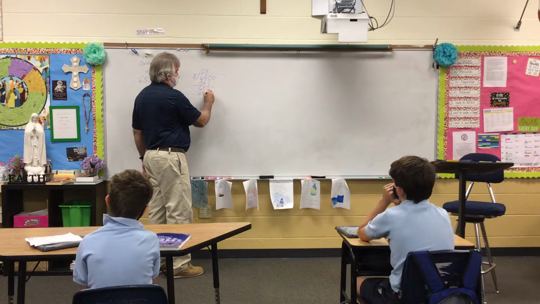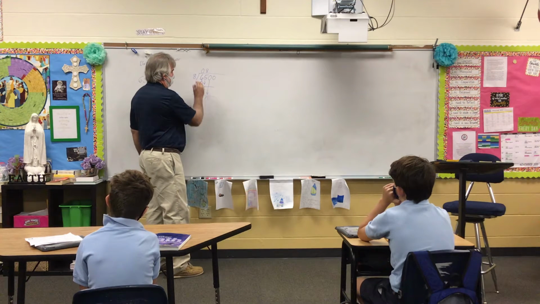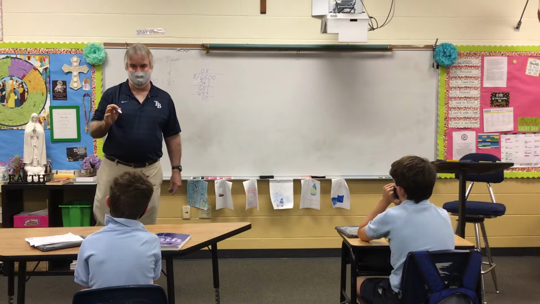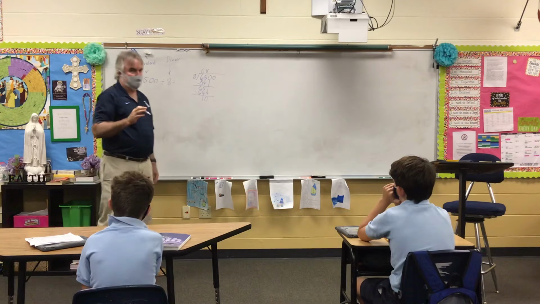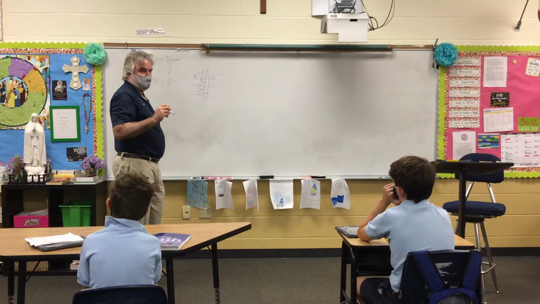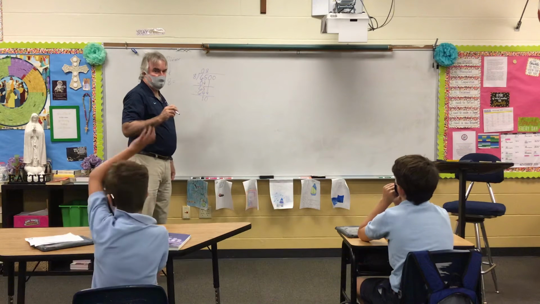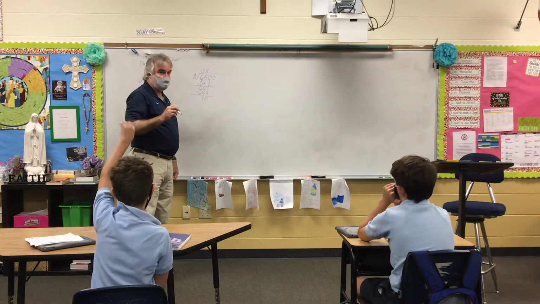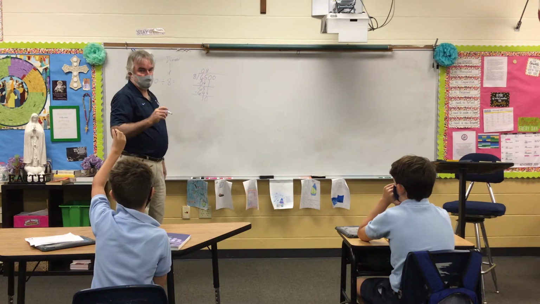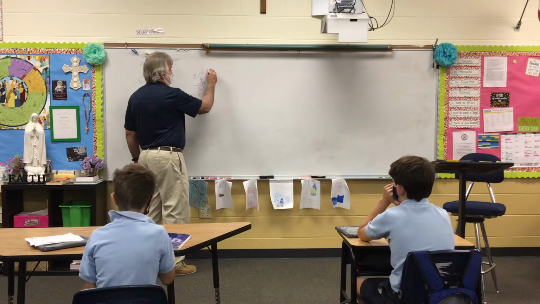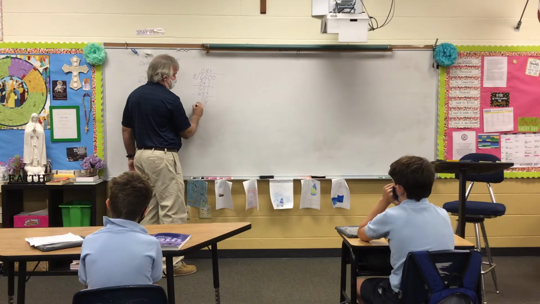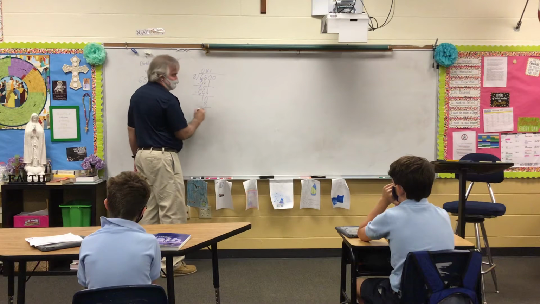Now I go to the next digit and bring that down. Now I'm dividing 8 into 10. How many 8s are in 10, Giada? Kellen? 1. 1 times 8 is 8. Subtract. I get 2 left over.